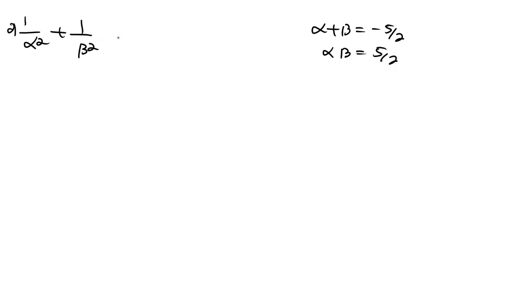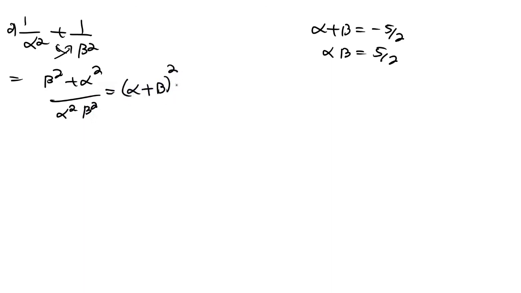Simplify this one, cross multiply, beta square plus alpha square divided by alpha square into beta square. We know how to write beta square plus alpha square, it is equal to alpha plus beta whole square minus 2 alpha into beta.